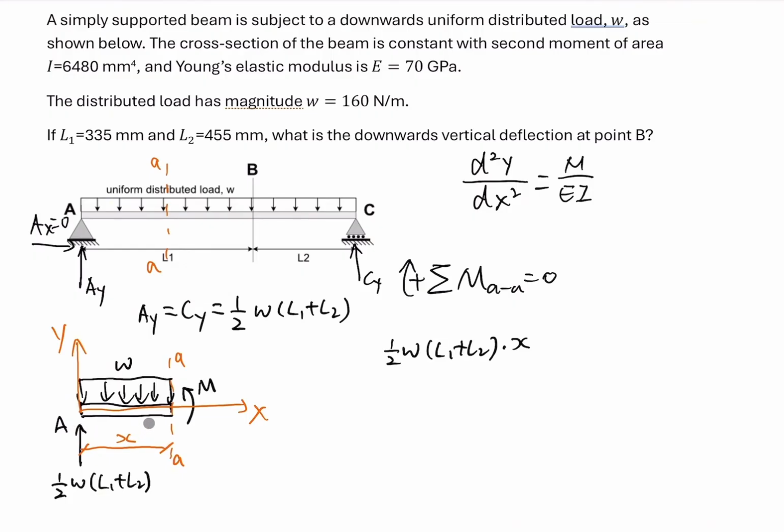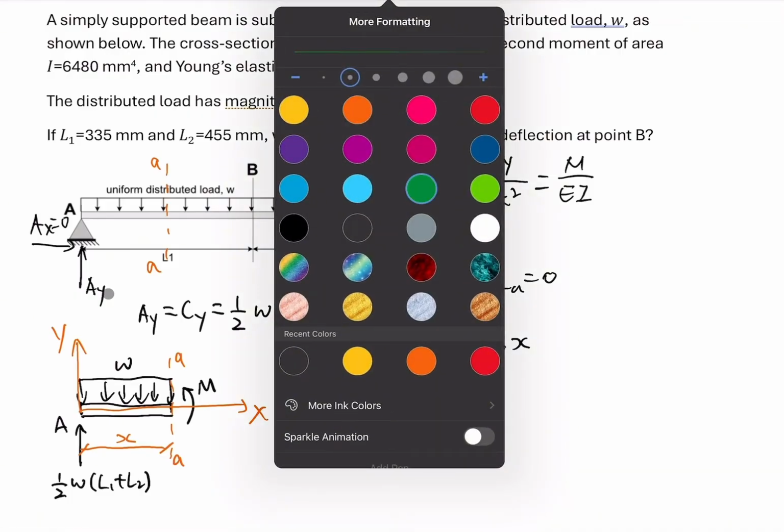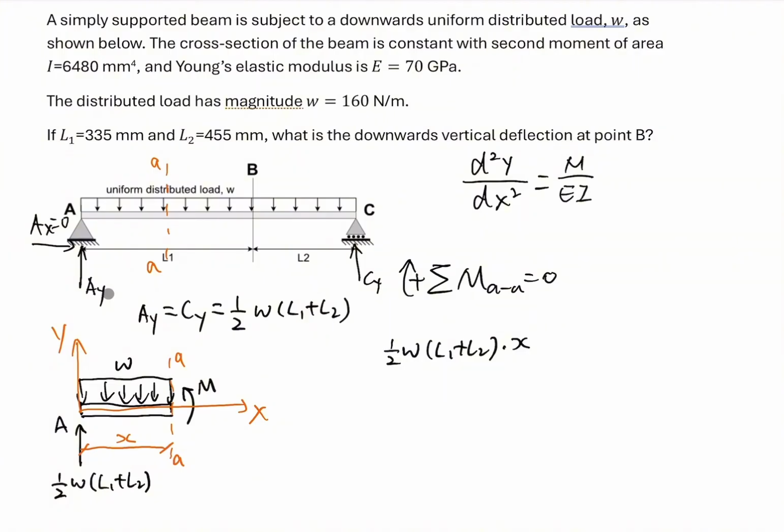Then we look at the distributed load. W is the intensity or magnitude of this distributed load. To calculate the bending moment due to the distributed load, we first find the resultant force of this uniform distributed load. The resultant force is W times x, and its position is at the half location, so the distance is x over 2.